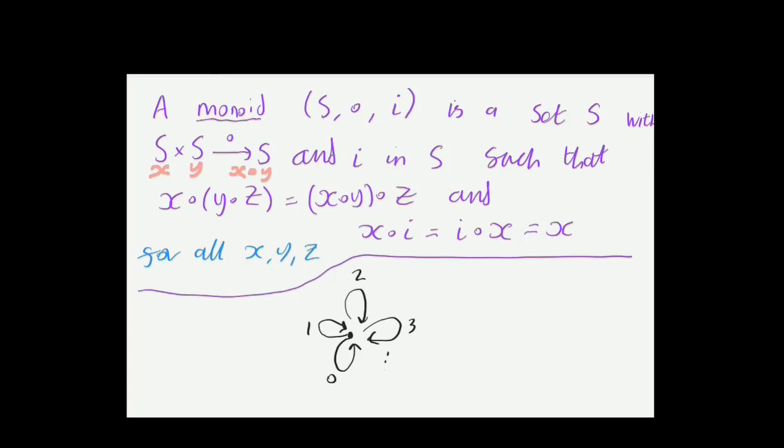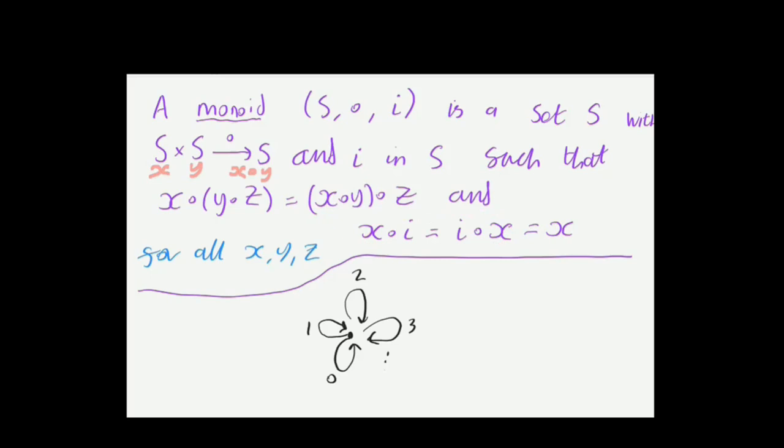So if we operate on 2 and 3, then the output would be 2 plus 3 equals 5. And then our unit would be 0 in that case, because adding 0 to any natural number just returns that natural number. And it doesn't matter if we add the 0 on the right hand side or the left hand side. And so that's an example of a monoid.